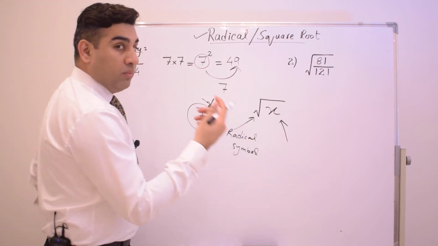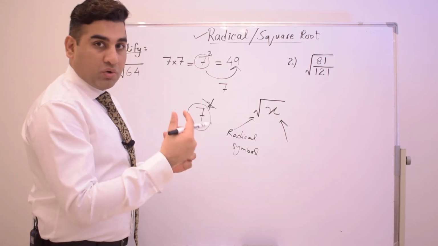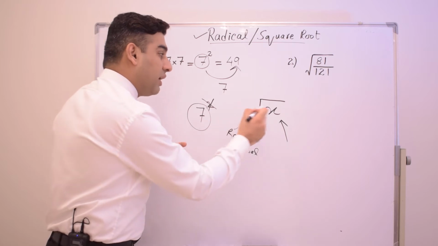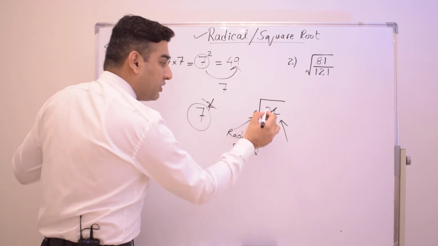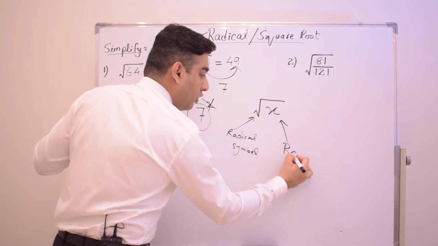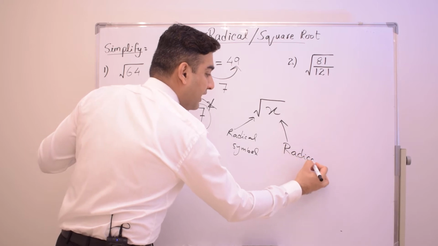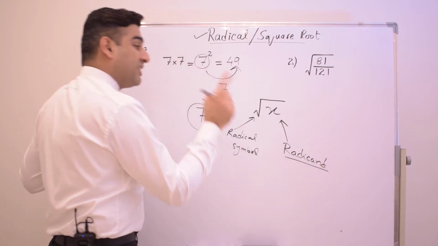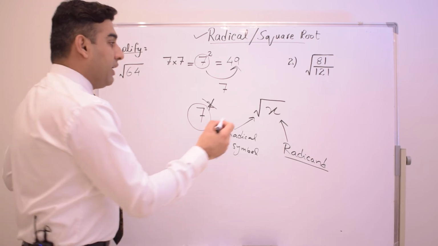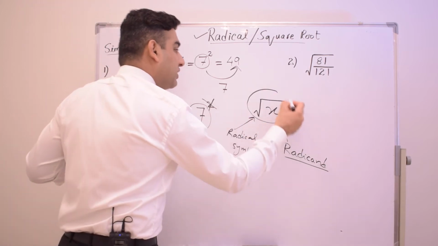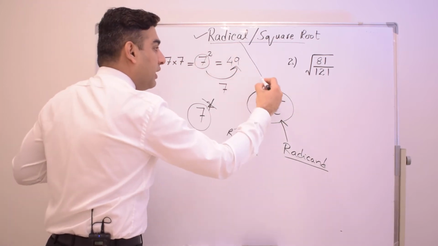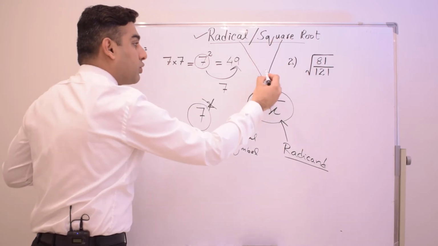The number whose square root you want to find, you have to put in the radical symbol. This number we call the radicand because it is coming inside the radical symbol. And this complete thing is called the radical or square root.